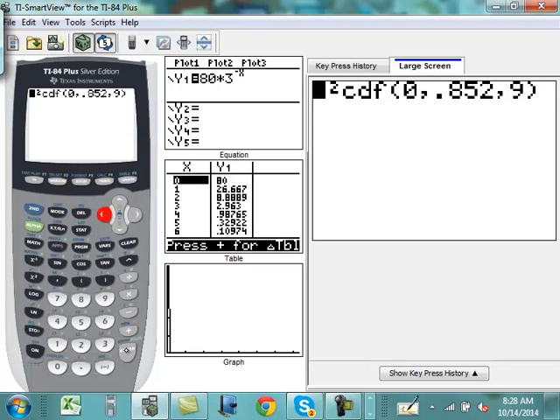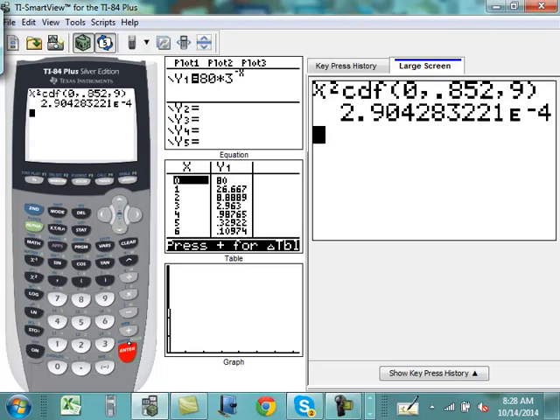Close parentheses and hit enter. And notice that our p-value is about 2.9 times 10 to the negative 4th power in scientific notation, which is a rather small value.